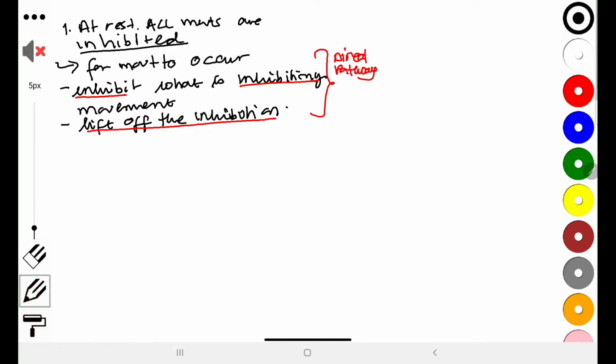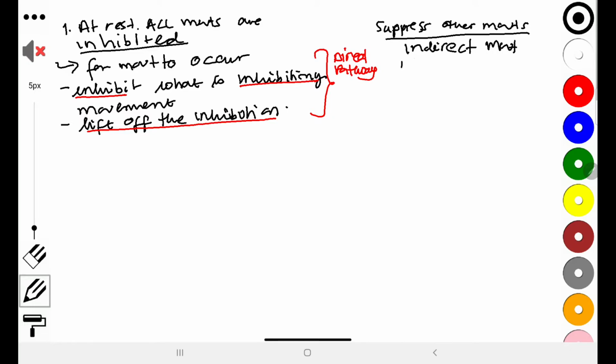Alright, secondary to this, you see that there is need to suppress other movements. So you only want the movement that you want to happen. So in order for you to do this, you use the indirect pathway.